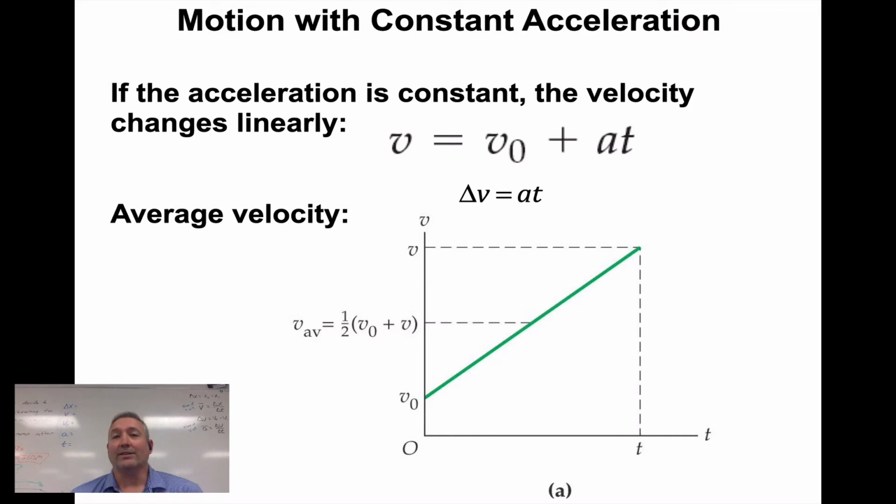Now, we had an average velocity formula already, and that one works for any situation. That's delta x over delta t. But this one only works with constant acceleration. But if we have a constant acceleration situation, which we most of the time do, we can take those 2 formulas and set them equal.